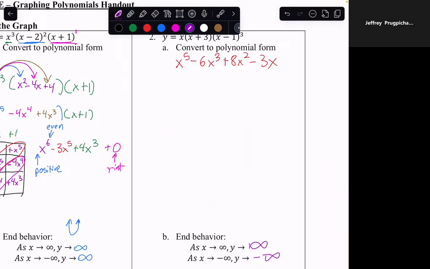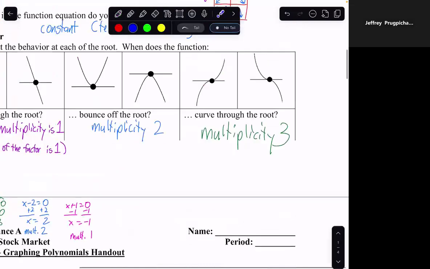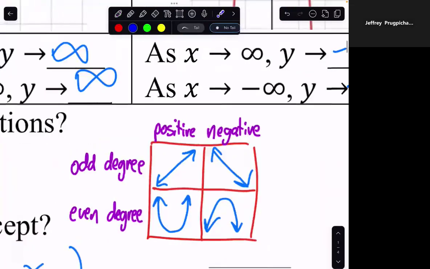Yes, thank you, Winston. Perfect. Okay, the biggest exponent, so the degree of 5 is odd, and that term is positive. So positive and odd is top right and bottom left.